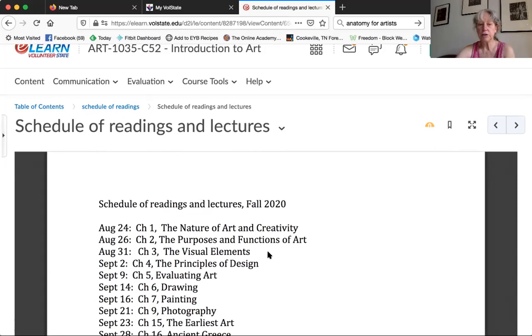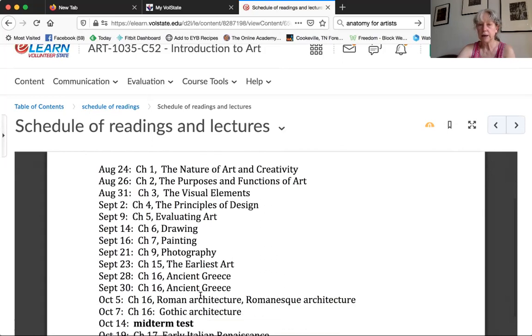But eventually your goal should be to have done the reading about that chapter and that topic before you watch the lecture, because the lecture expands on the text. It may go over some of the things in the text, but in some cases, like when we get to ancient Greece, it goes way beyond the text. And so the text is necessary, but not sufficient.